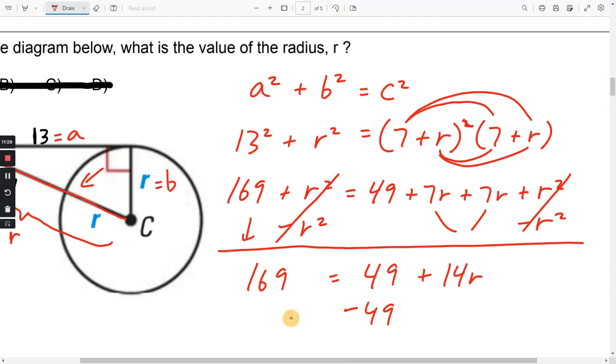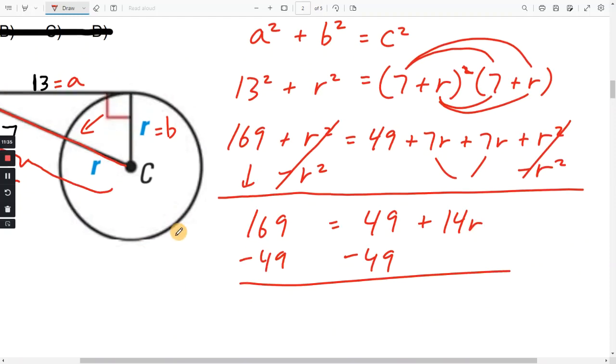Do the opposite of positive 49, that's negative 49. Do that to both sides. And this right here, 169 minus 49, that's 120. Cancels here, and bring down your 14r. Solving for r, the opposite of times 14 is divided by 14.